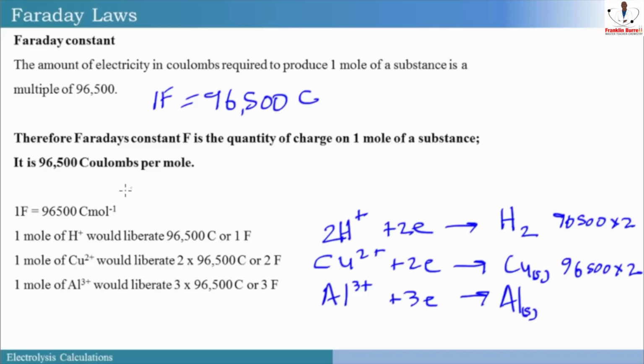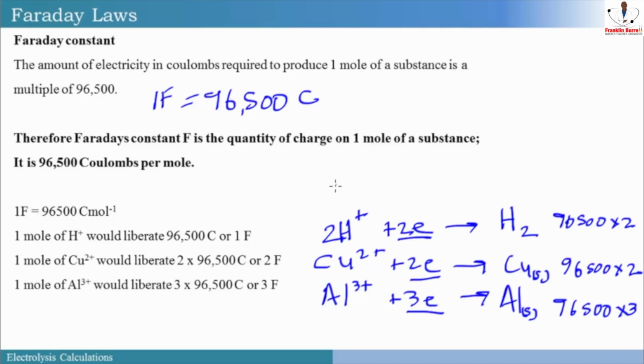Hence, per charge, it will be 96500 times 3. So when you write your half equations, look for the number of electrons that are liberated, and you will multiply Faraday's constant by that number of electrons that is liberated per mole of substance.